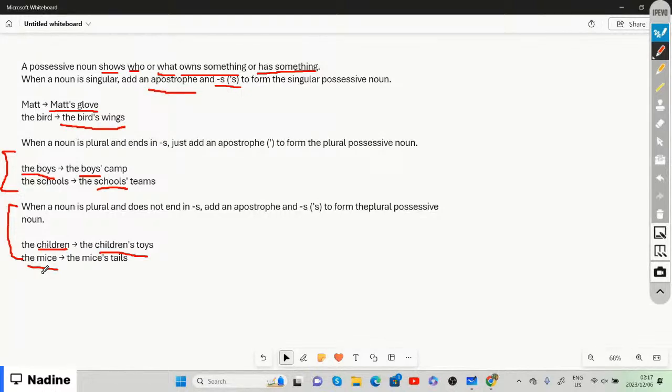So if we want to talk about something that the mice own, we can say mice's tails. All right, so once again, when it comes to possessive nouns, we need to show who or what owns something or has something.